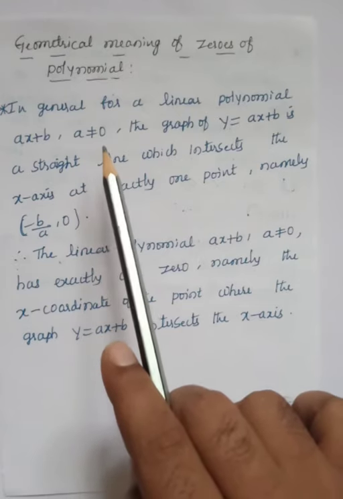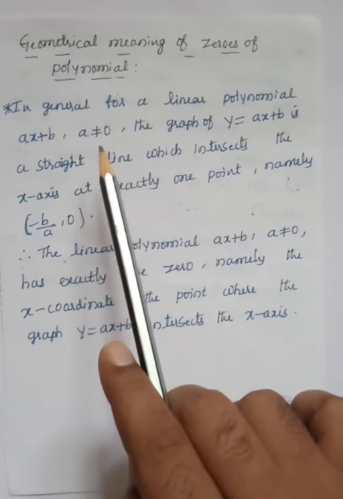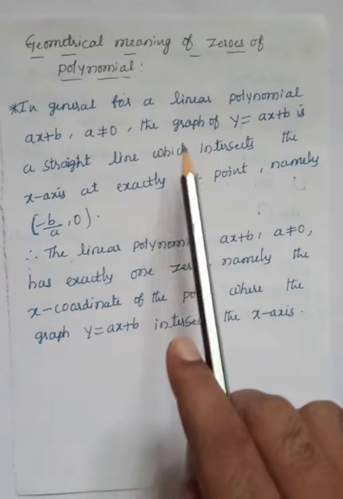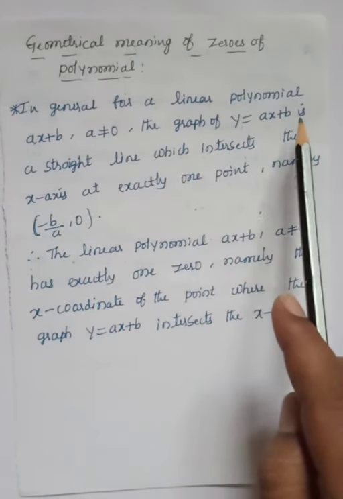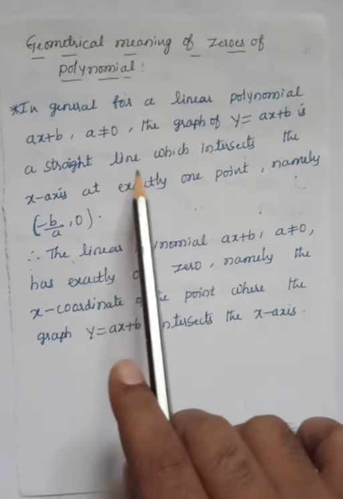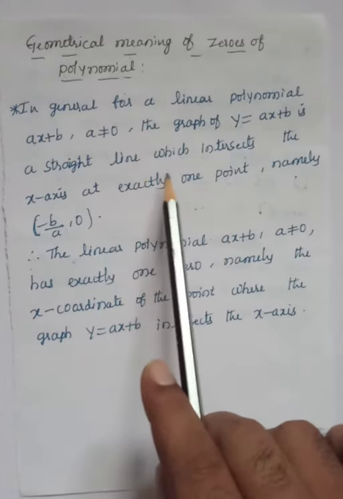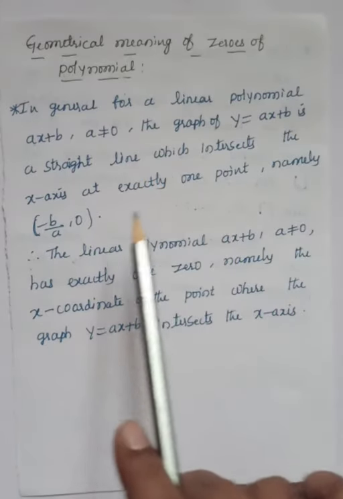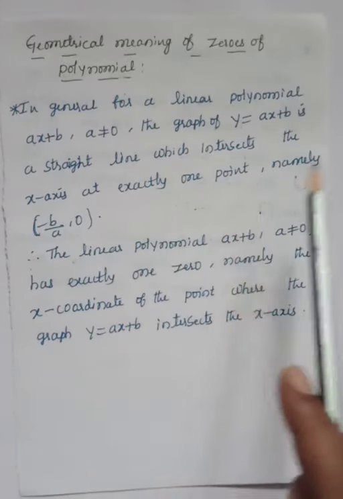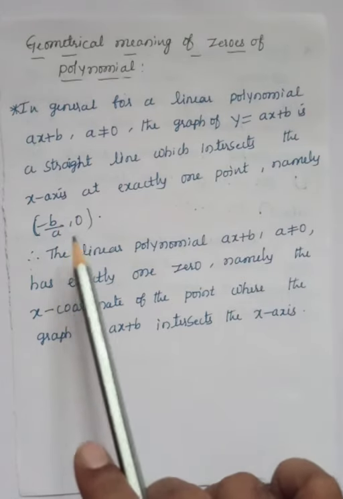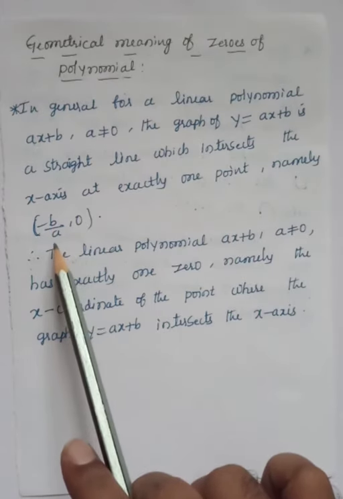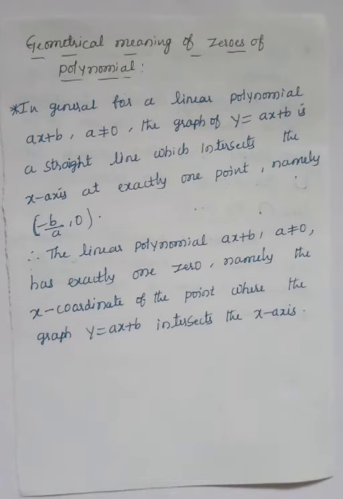If a is equal to 0, this will not be a linear polynomial. The graph of y is equal to ax plus b is a straight line, which intersects the x-axis at exactly one point, namely minus b by a comma 0. This minus b by a is the x coordinate of the point.